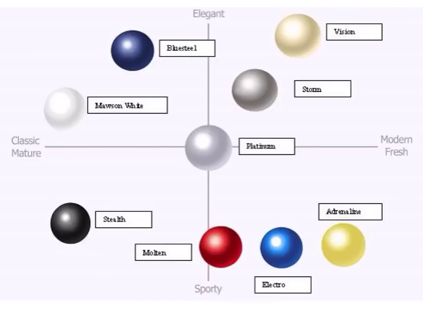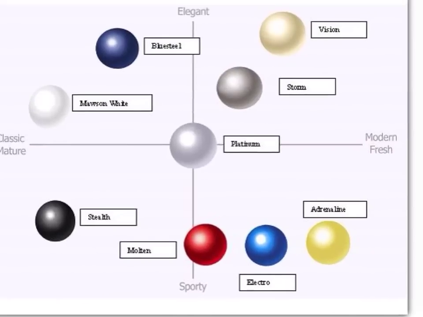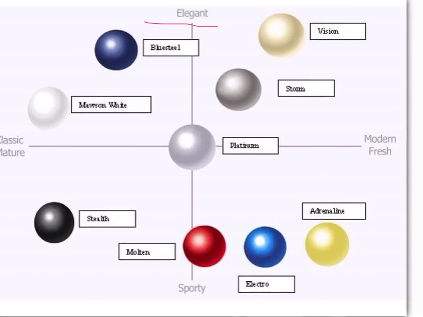If your target market responds to an elegant, mature kind of automobile, what color do you think you would choose for the exterior? See, elegant up here, and there we go, mature over here.